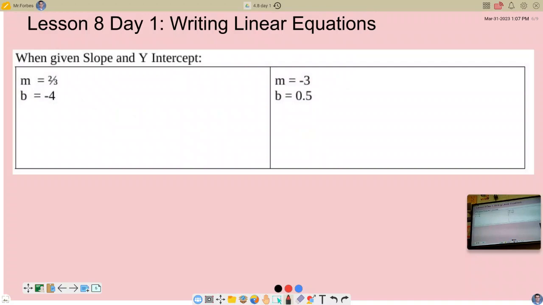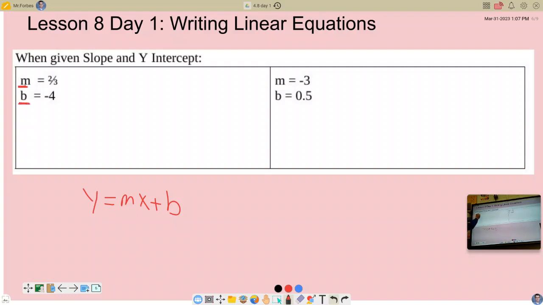So when given slope and y-intercept, okay, so when you're given the slope and y-intercept, it should be pretty easy. Again, our equation is y equals mx plus b. So we're simply just going to plug the number in for m, that is m, and the number in for b, that is b.